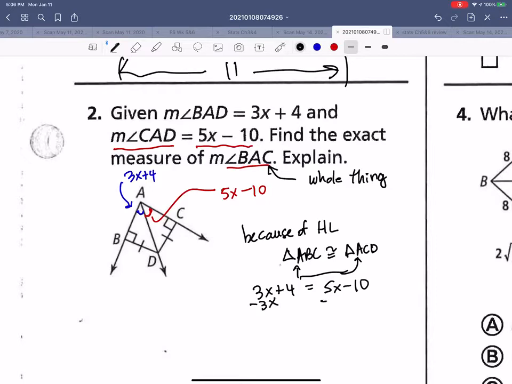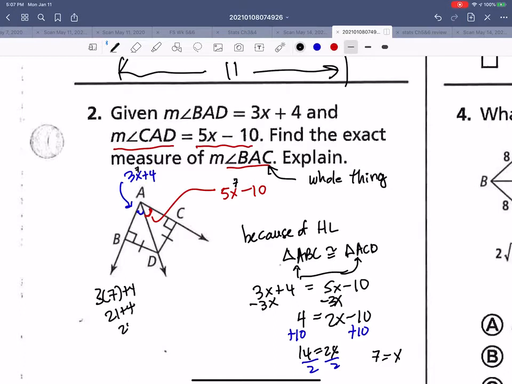All right. And divided by 2. X is 7. So I can plug this back in and check my work, right? 3 times 7 plus 4. 21 plus 4 makes 25.